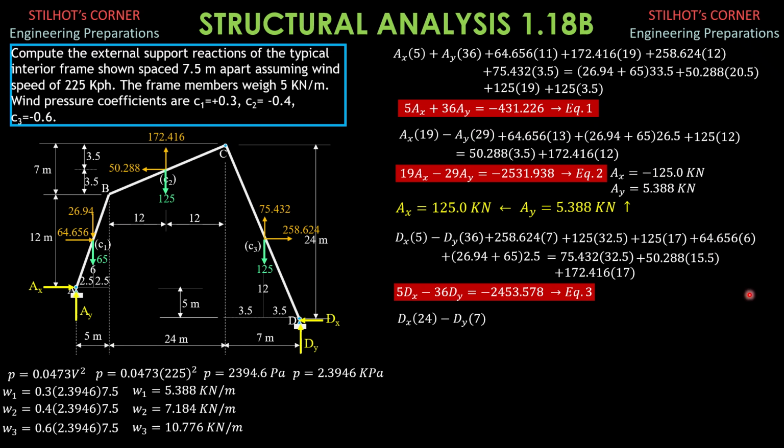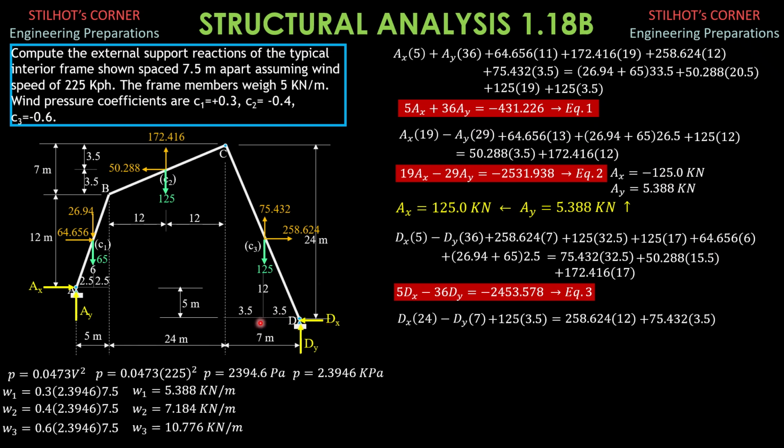So plus 172.416 times 17. Then that's it. Simplifying, 5DX minus 36DY is equal to negative 2453.578. Call that equation 3.